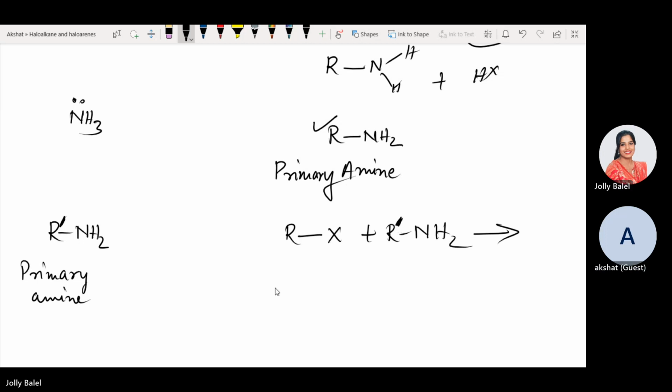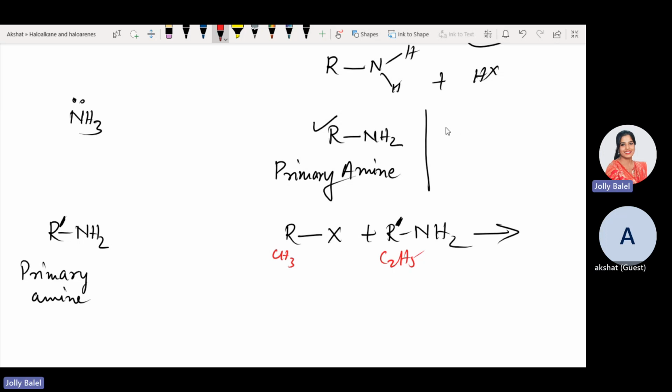R dash NH... Whenever you are doing this, let me help you with a trick. What does R dash mean? If this is CH3, this is C2H5, so both alkyl groups are different, just to help you identify which one is attached to the alkyl halide and which one is attached to the amine.